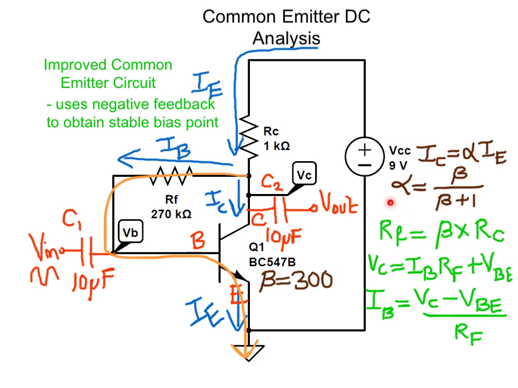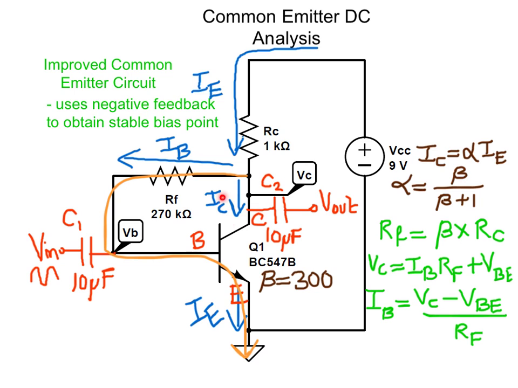As alpha is very close to 1, the collector current is also very close to the emitter current. So if the emitter current increases when beta increases, the collector current will also increase.